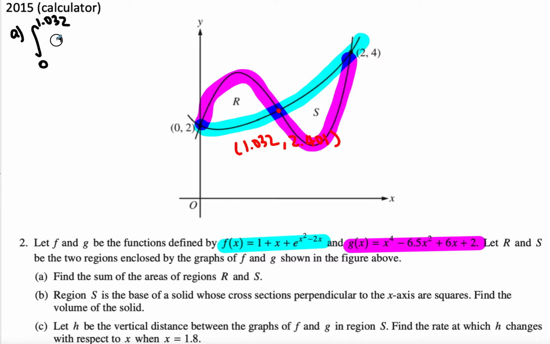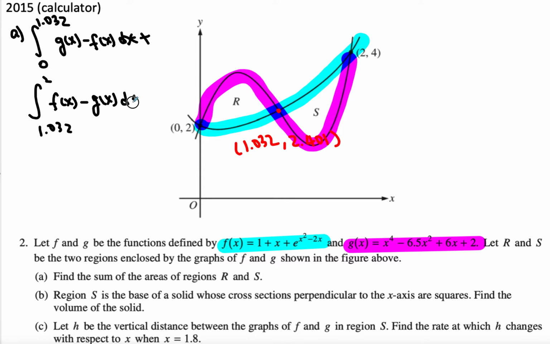G. So I'm going to have g of x minus f of x dx plus 1.032 all the way to 2. It's going to be blue minus purple. Blue was f of x, so we have f of x minus g of x. So when I do that with my calculator, I should be able to get my answer.